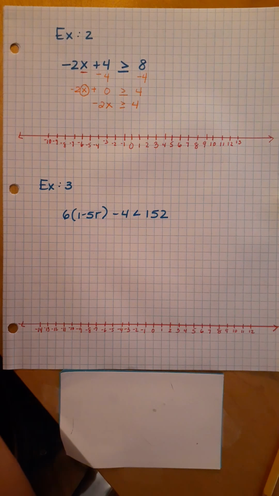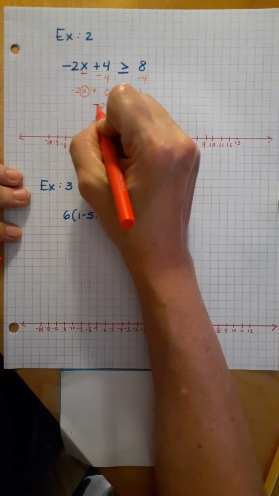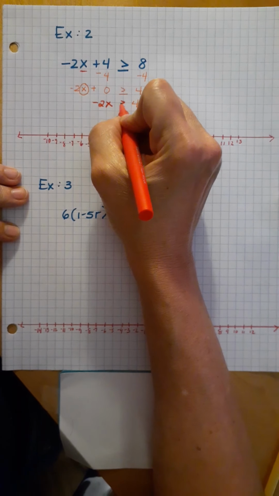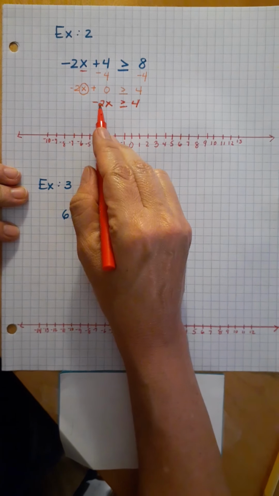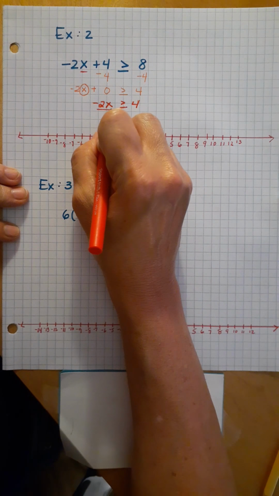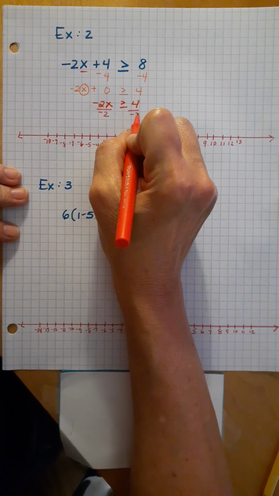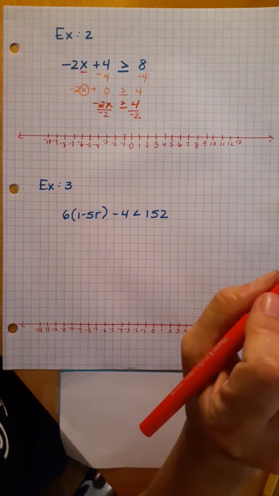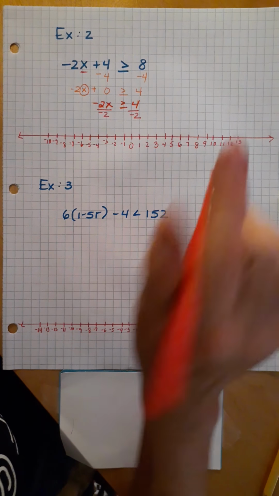Negative 2x greater than or equal to 4. Here, I need to get that x alone. It's negative 2 times x, so I'm going to divide both sides by negative 2. When I multiply or divide both sides by a negative number, I must flip the inequality.